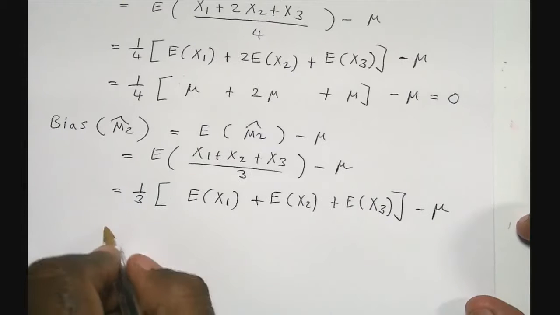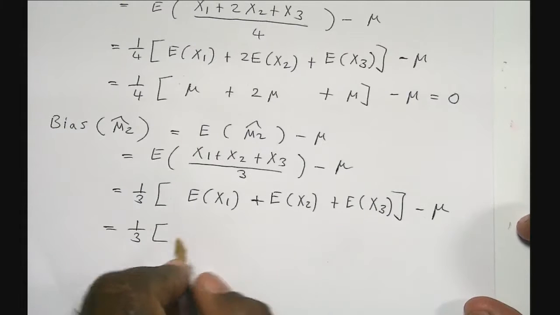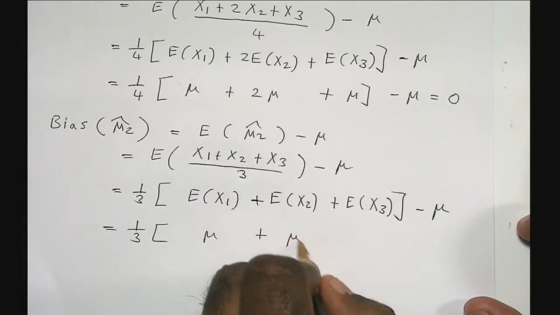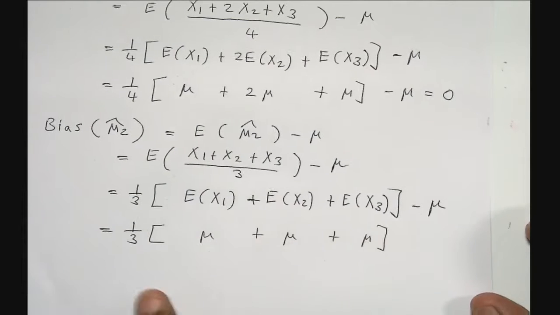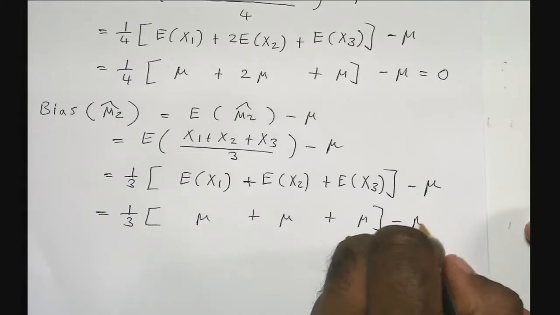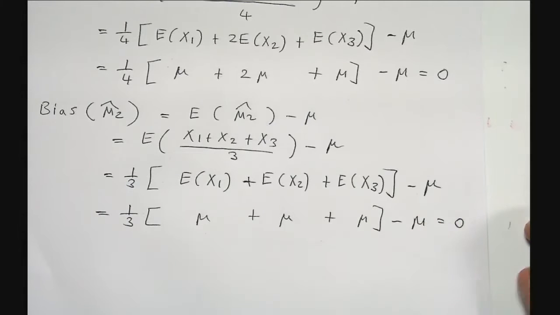This is a third times mu plus mu plus mu, minus mu, which is equal to 0. So in terms of bias, there is nothing to distinguish between the 2 estimators, because both have bias equal to 0. So they perform equally well with respect to bias.